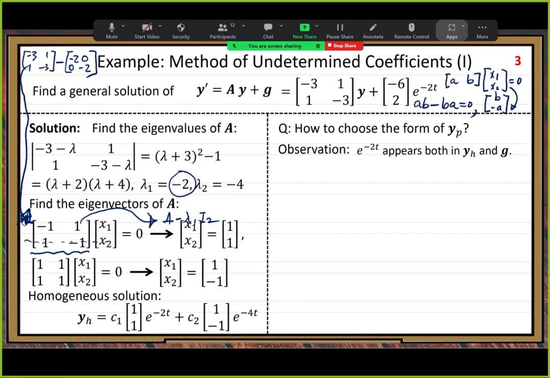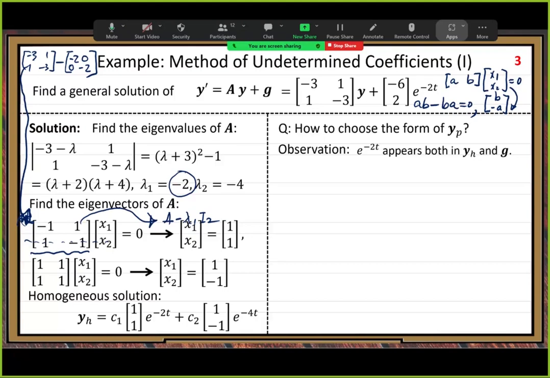If different, then it's easy. We just use a constant vector times this function, directly. That's simple. But if it happens to be one of the functions in the general solution, then, yeah.